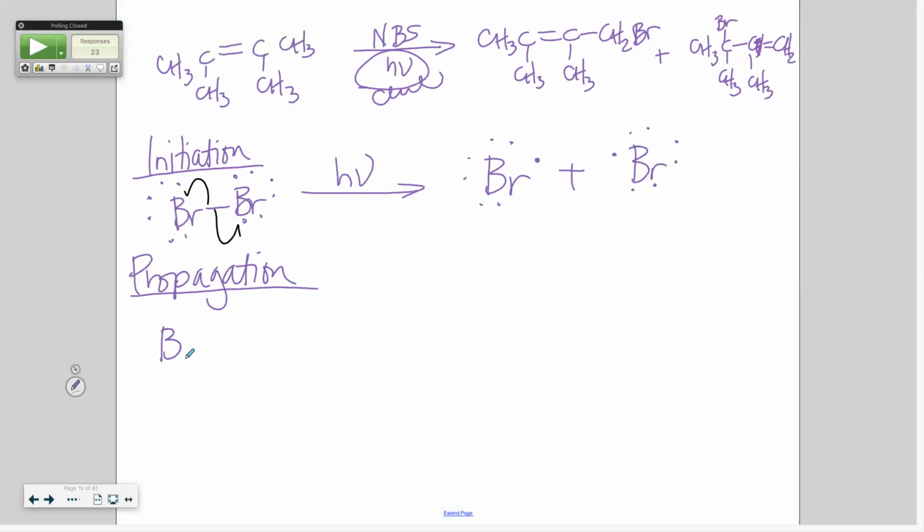All right, so I'm going to take my bromine free radical, and what do you think it's going to react with? Just like we did before, it's going to react with the organic molecule, and it's going to remove a hydrogen. That's called hydrogen abstraction.